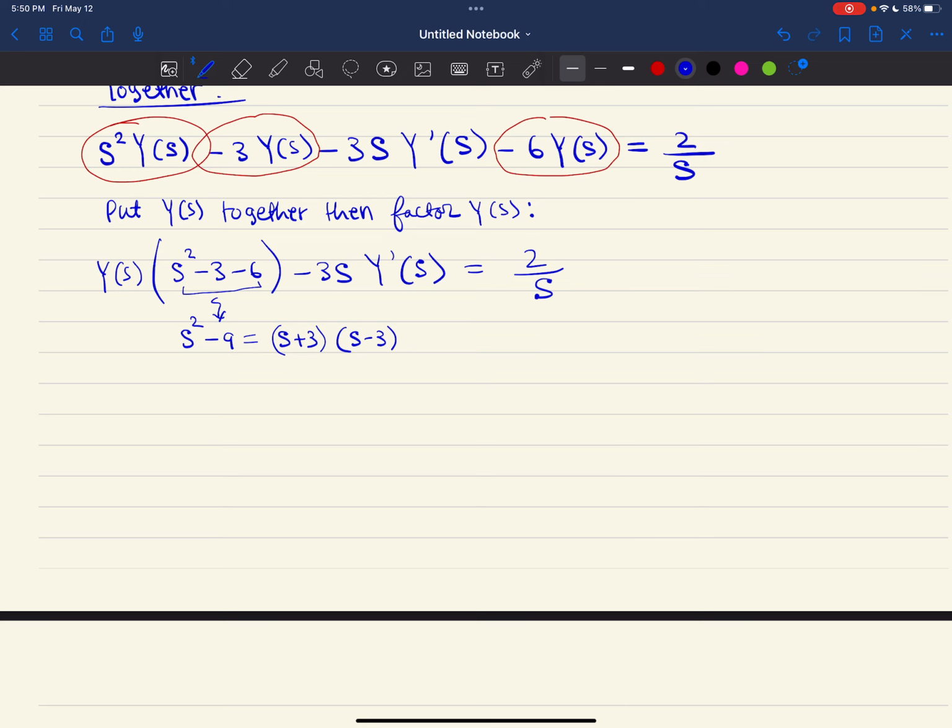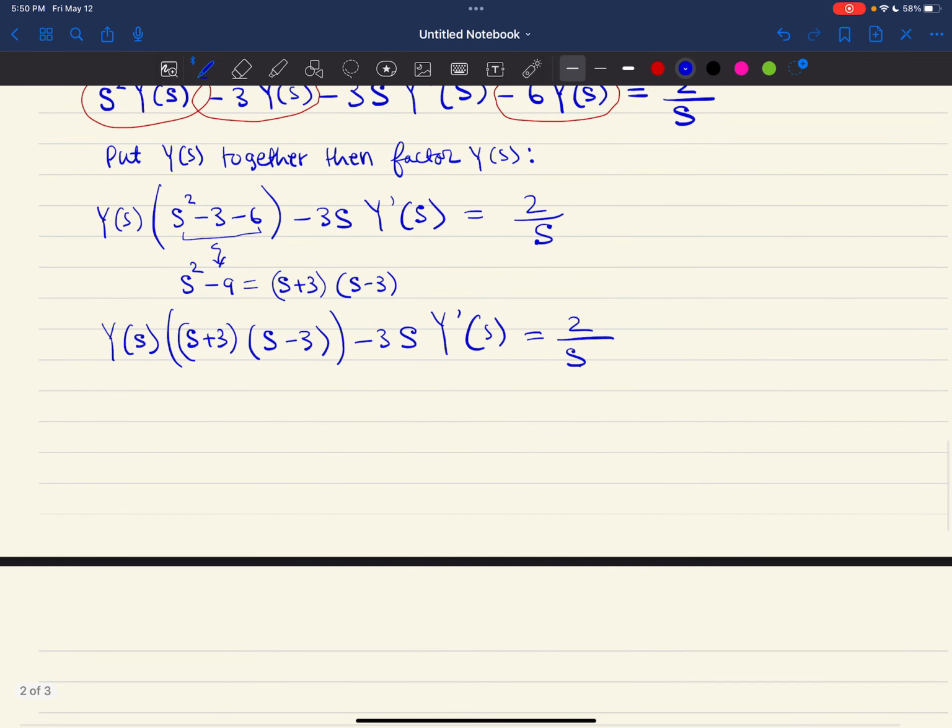So we have big Y of s times s plus 3 times s minus 3, minus 3s big Y prime of s equals 2 divided by s.